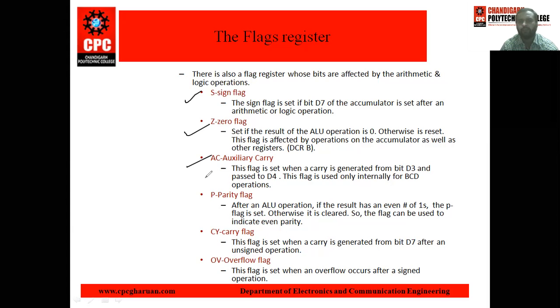Next is the auxiliary carry flag. If a carry is generated from D3 to D4, as we know, suppose this is your D0, D1, D2, D3, D4, D5, D6, D7. If the carry is generated from D3 to D4, suppose this is your data.